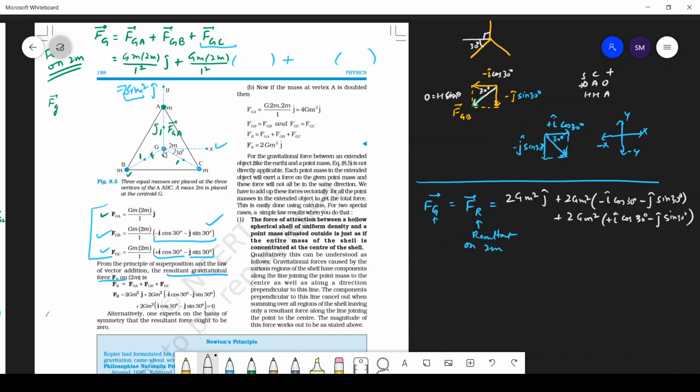You can clearly see, students, that these two, minus and plus, are equal and opposite, so 2g m square, they will cancel out, right?